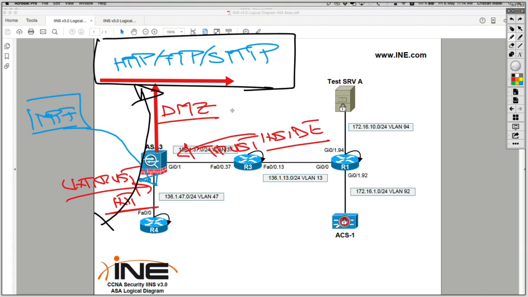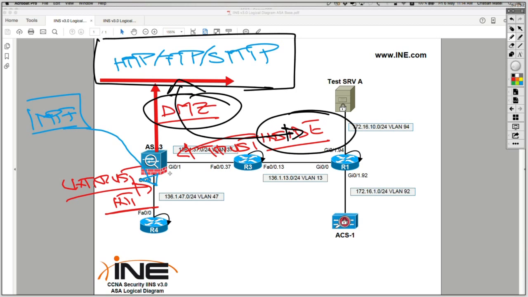But traffic flowing between DMZ and the inside is not going to be inspected by that MPF policy, because traffic doesn't flow through the interface where the MPF policy is applied.